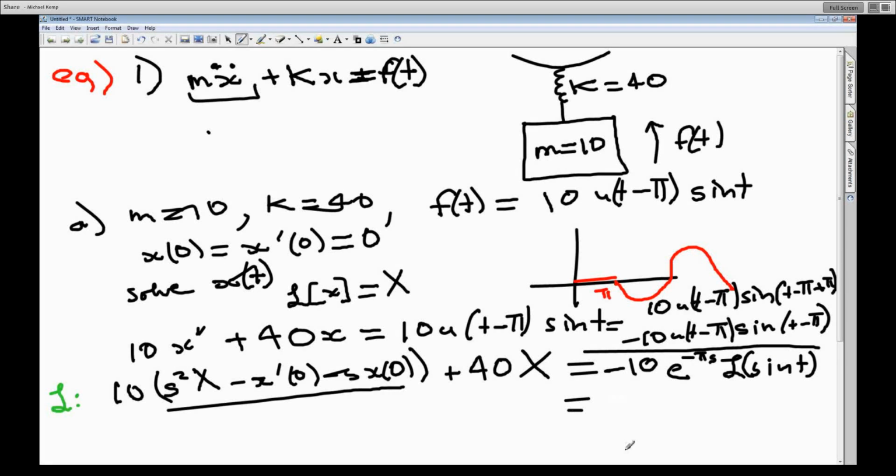That's the t-shifting. And then to finish it off, to work out the Laplace transform of sine t, I'll just look it up, and it's 1 over s squared plus 1.